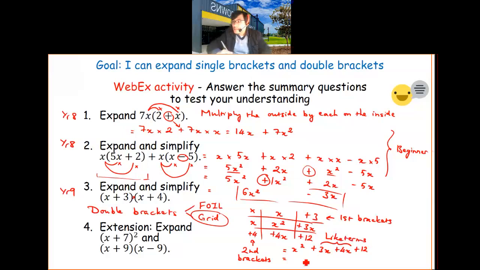This x squared is by itself. The 3x and the 4x together, 3 plus 4 is 7, so it's going to give us plus 7x. And then we finish with plus 12. Awesome, I can see you got that answer as well.